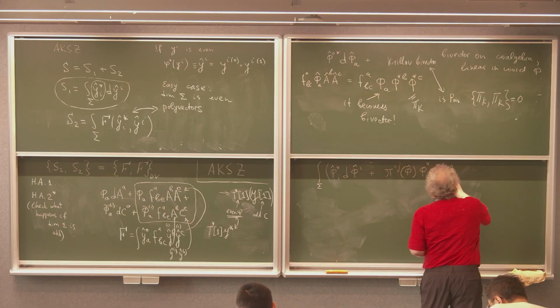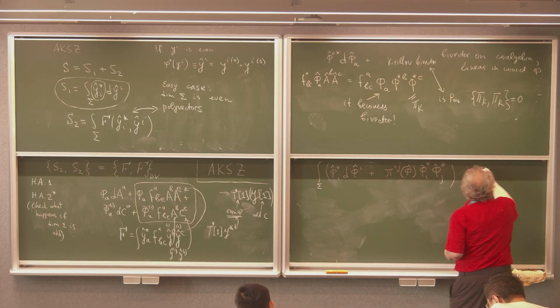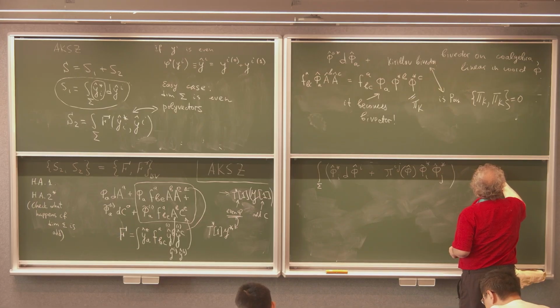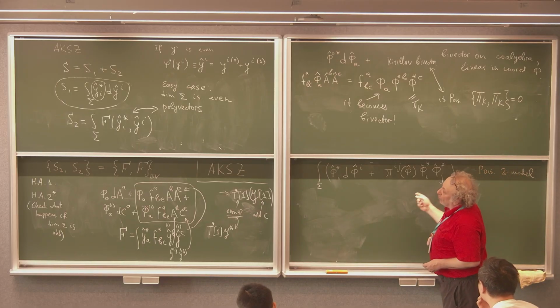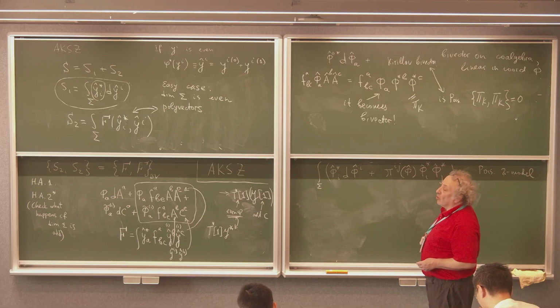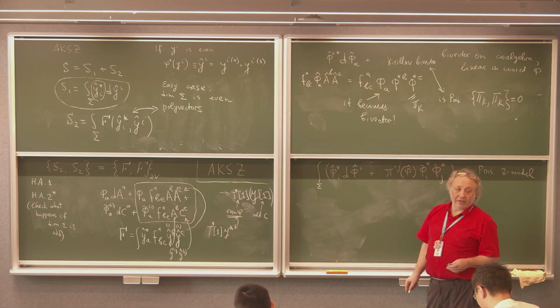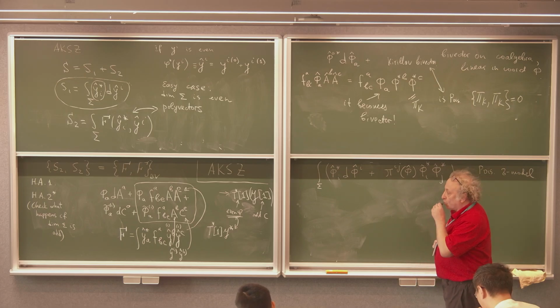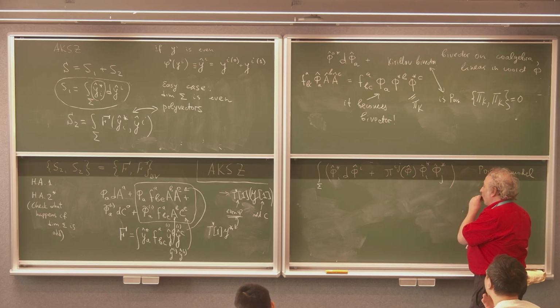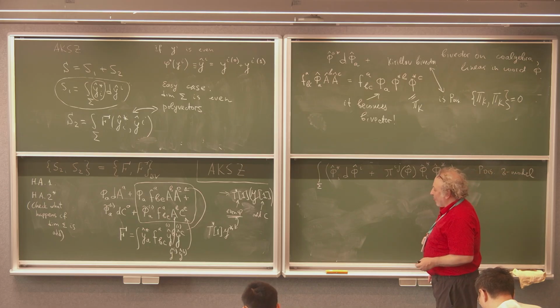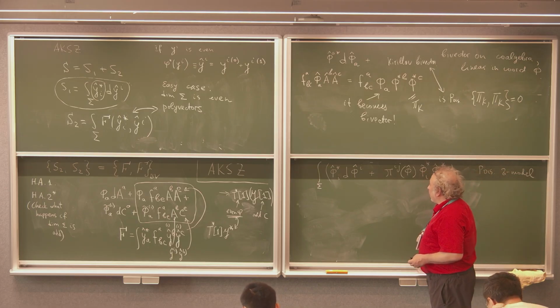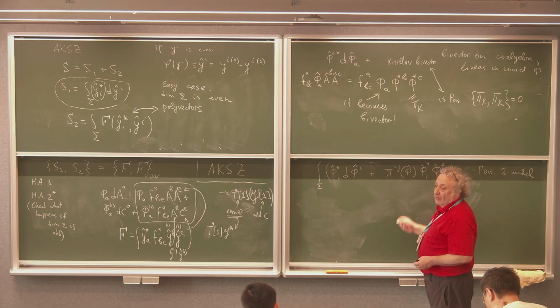And this is called the Poissonian sigma model. And of course, this Poissonian sigma model is of AKSZ type. Okay, so we got the sigma model.